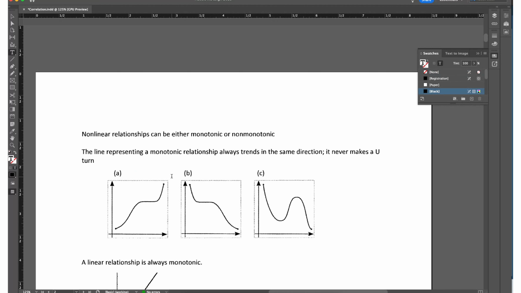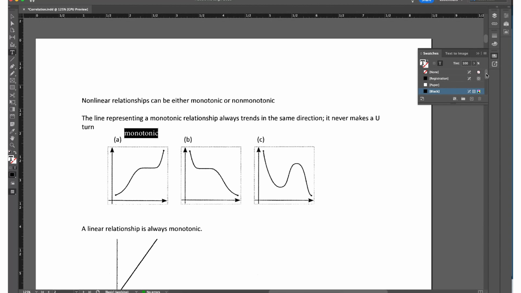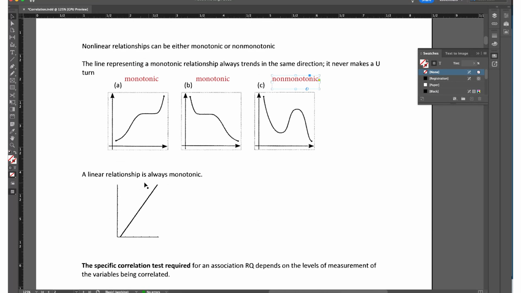This is monotonic, and so is this one. But then when you look at this one, it has a U-turn. Actually, it has two. Here's the first one, here's the second one. So this one would be non-monotonic. When it comes to a linear relationship, it's always monotonic.